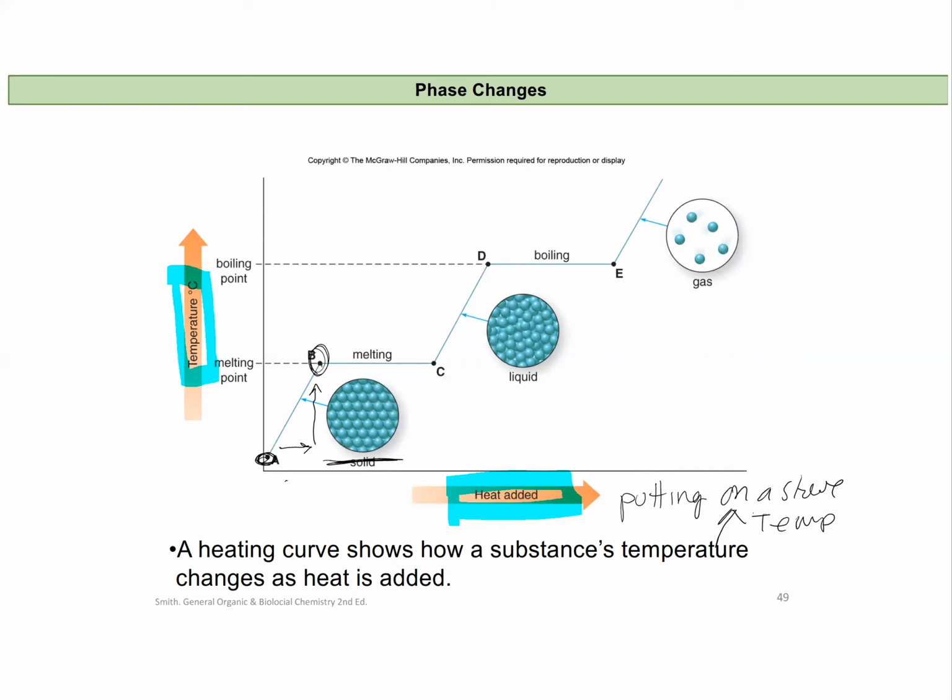Now at my melting point, I'll continue to add heat, but all of that heat now that's added goes into converting a solid particle into a liquid particle. And that means it's going to move around more. So that heat added is going into the molecules so they have more kinetic energy and can move more.